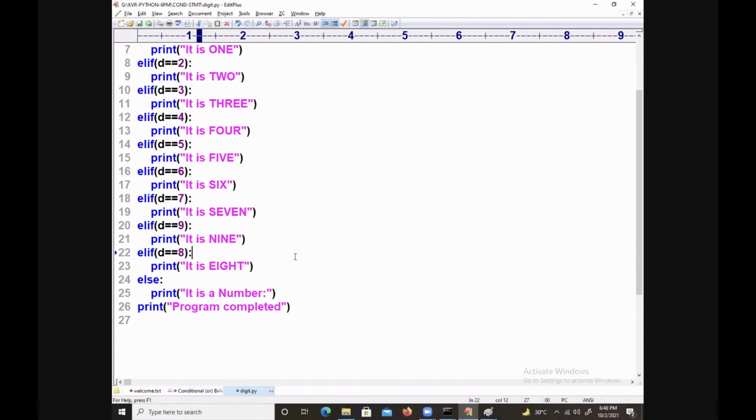Solve this problem by using if-else statement.